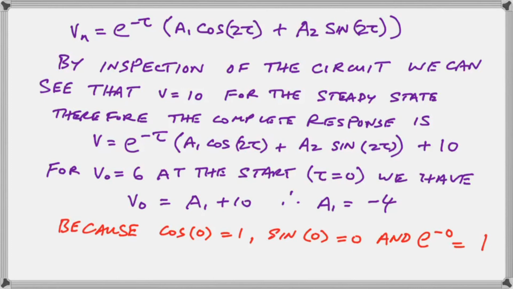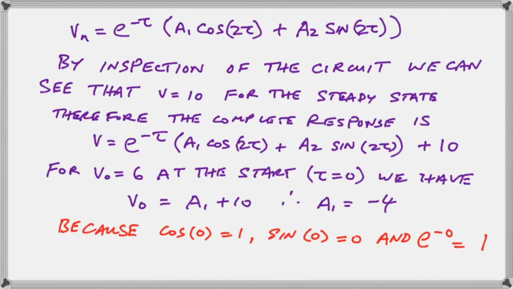So the t equals 0 there means that we can set t to 0 in this expression up top here, which will cause the sine to drop out, because sine of 0 is just naught. So we will only have the A1 and the 10. So basically we can set the V0 to 6, and then we can quickly find out A1. So A1 is minus 4. So that's easy enough. We've just found the A1 in a hurry.